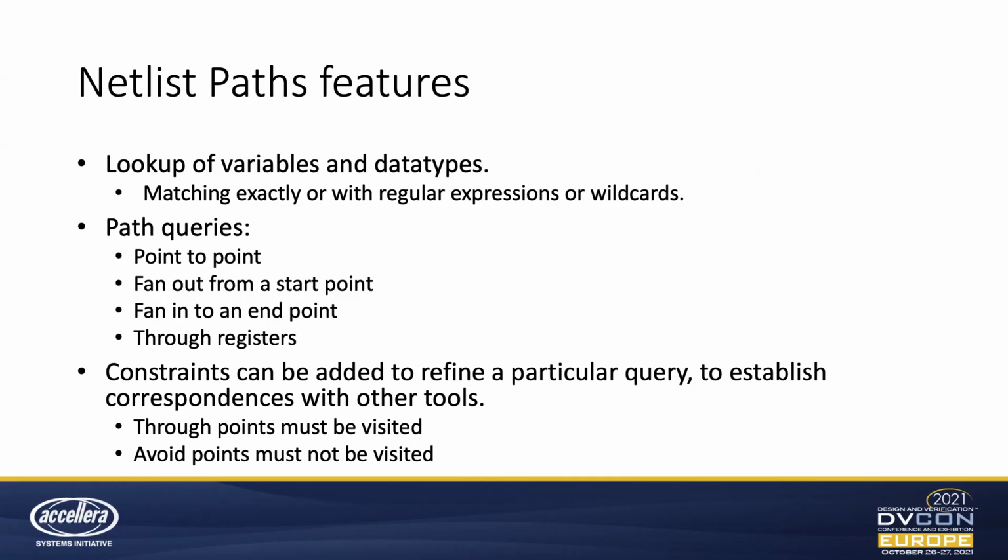And you can add constraints to refine path queries to establish correspondences with other tools. The reason you need to do this is that between any two points in a graph, it's generally computationally infeasible to enumerate all of the paths, because the number of paths grows exponentially with the number of nodes.